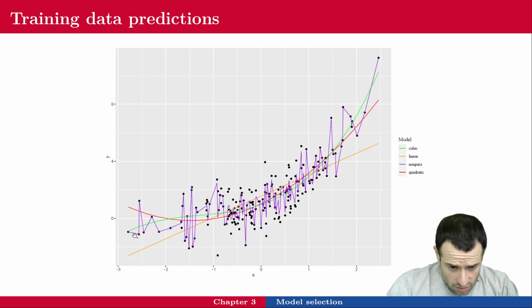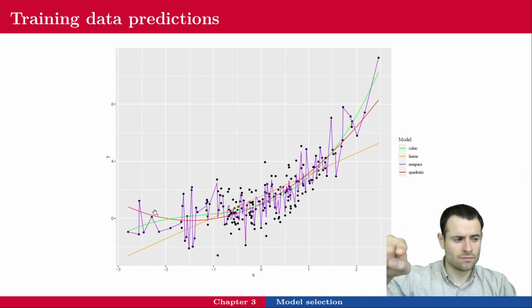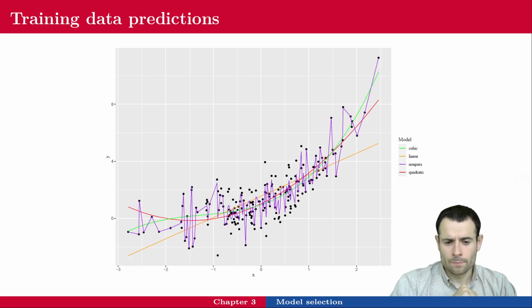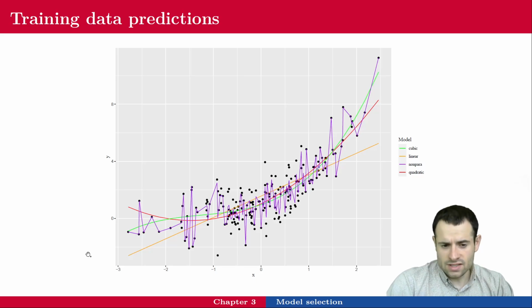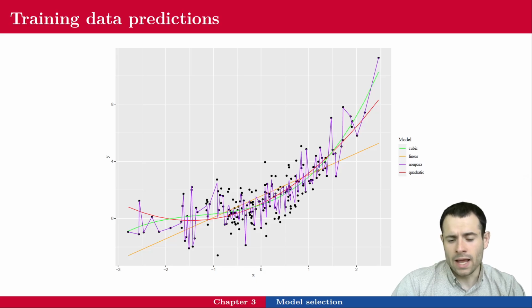And you can see that the prediction line, this green line, has the curvature of a cubic function. The linear model is an OLS. I just regressed y on x and reported the regression line. And this is the orange line. It goes through a bunch of points and it approximates the true relationship by a linear one.